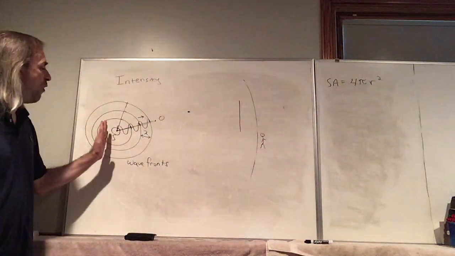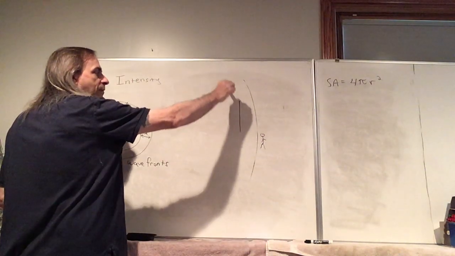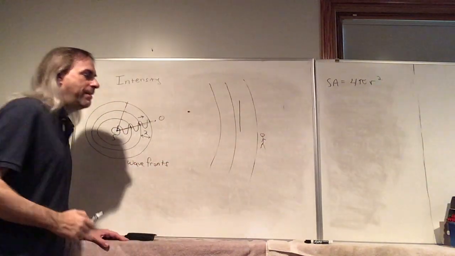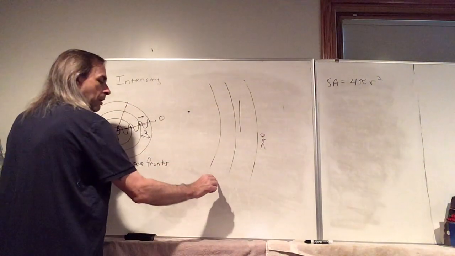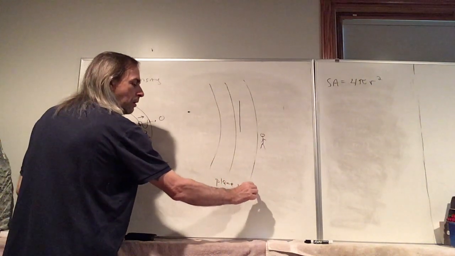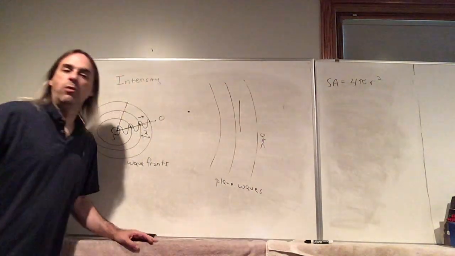And so at a far distance from a source, if we plot some of these wave fronts, we can basically say that these are plane waves here, because we're just seeing a small portion of these waves.